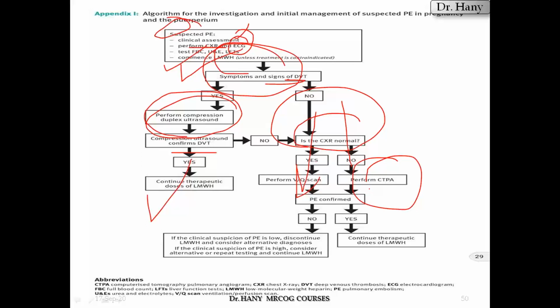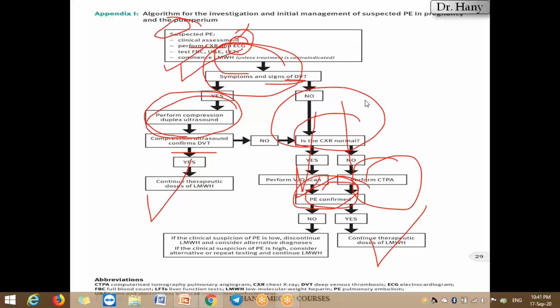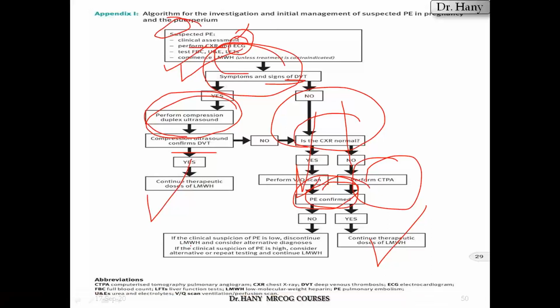Pulmonary embolism confirmed, continue low molecular weight heparin on a therapeutic dose. Not confirmed: the CTPA or the VQ scan does not find anything, and you still have suspicion, so continue. If the clinical suspicion of pulmonary embolism is low, stop, because all the investigations are normal and your suspicion is low.